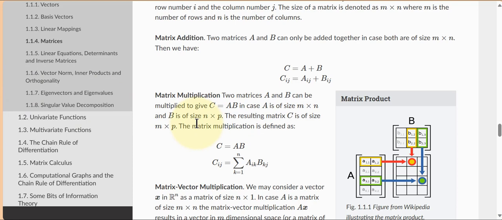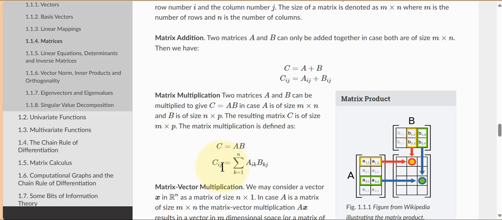And to actually accomplish this multiplication, when we multiply A times B, we can ask, what are the elements of C? We know what the dimensions of C have to be, but what are the individual elements? Again, here they're using capital letters to denote the elements.